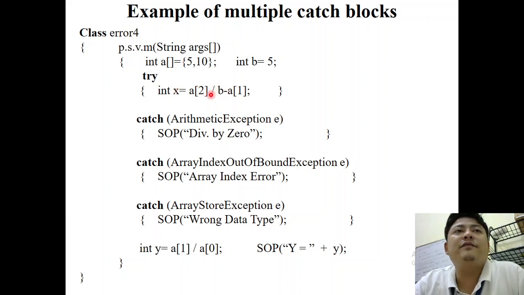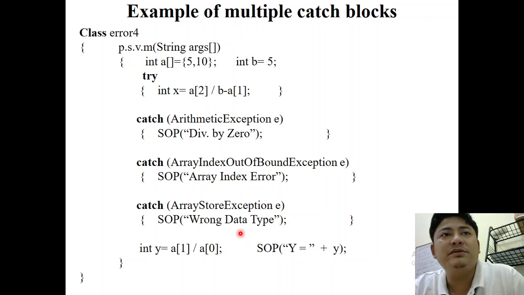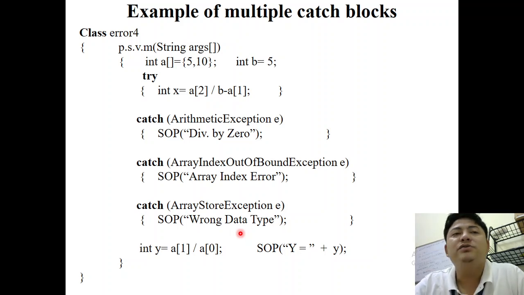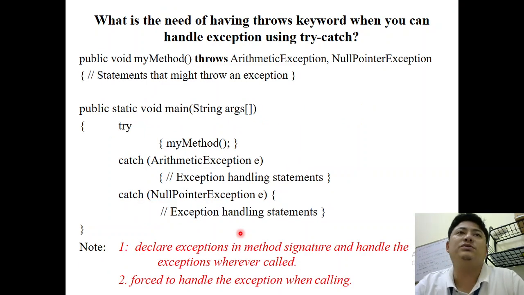You have assumed that you may encounter arithmetic exception, or array index out of bound exception, or array store exception, etc. So one of the problems of multiple catch blocks is the code becomes lengthy, very long. To avoid that, you can use the keyword throws.